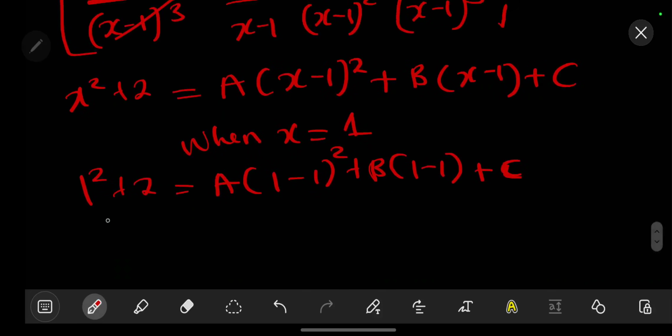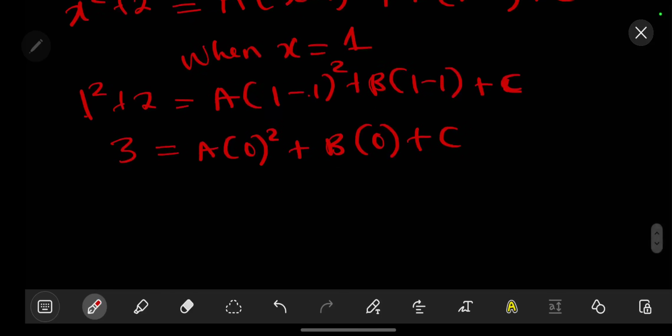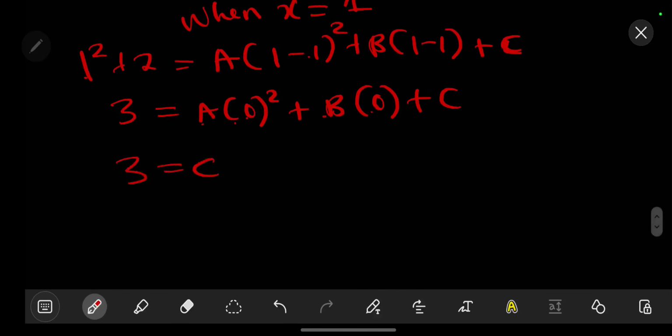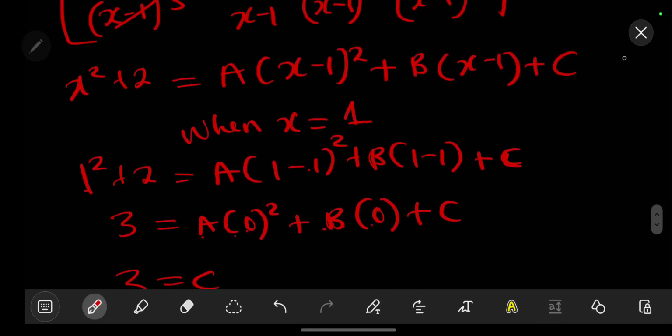Then this is going to give us 1 squared plus 2, that will give us 3, should be equal to, 1 minus 1 is 0, so we have a times 0 squared plus b times 0 plus c. So this is going to give us 3 should be equal to c, because this times this is 0, this times this is 0, so c is equal to positive 3 like that.